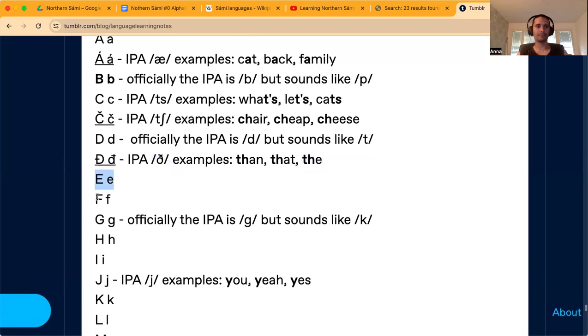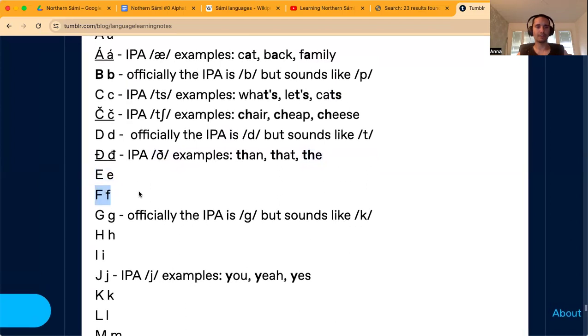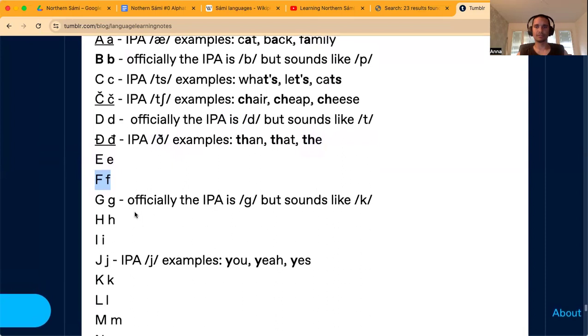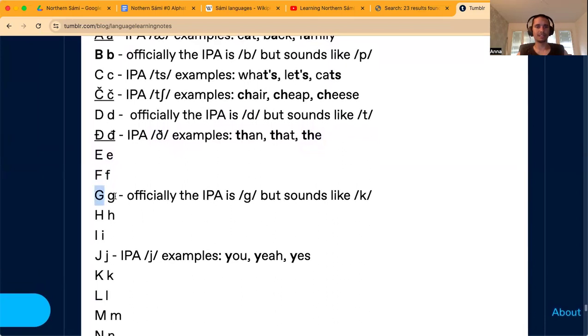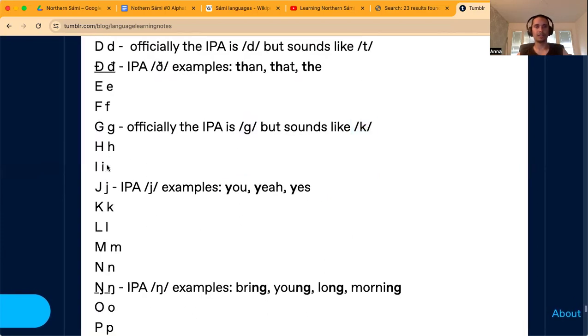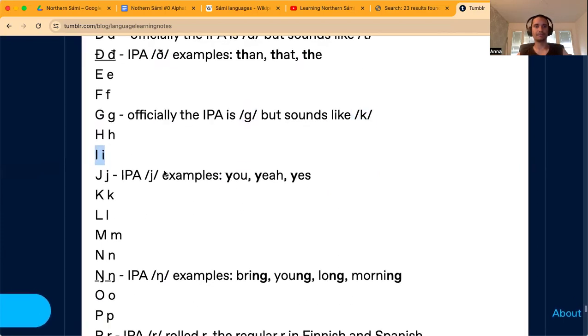E, f, yeah, those are normal. G is g. Yeah, the official pronunciation is g, but it sounds like k, unaspirated. H is h, I is e, J is y.